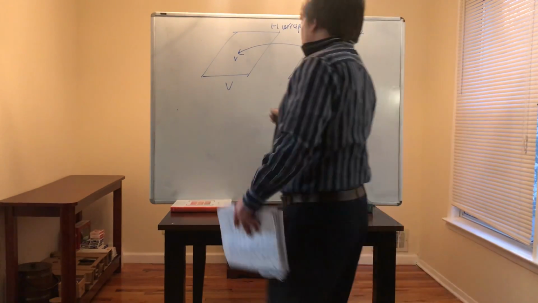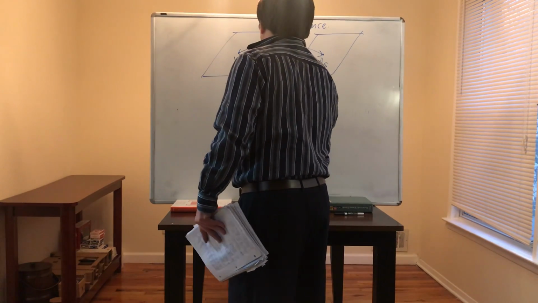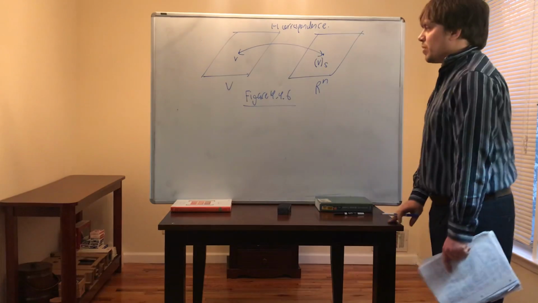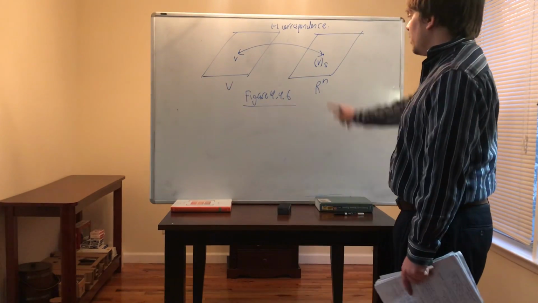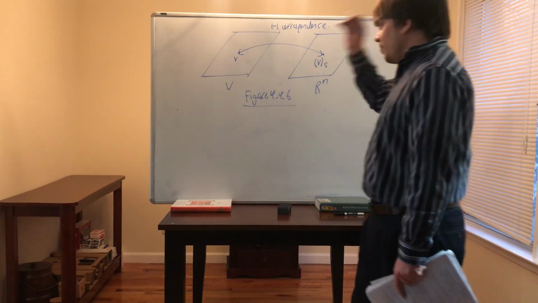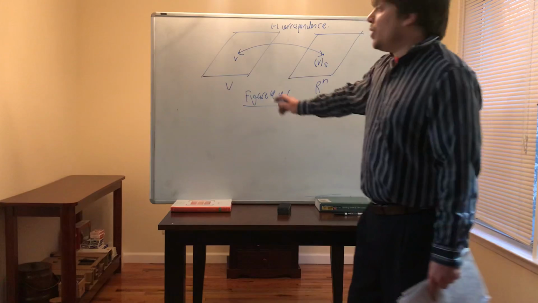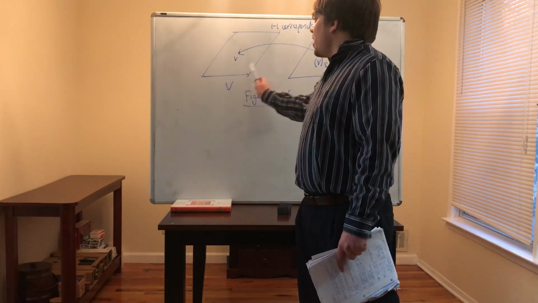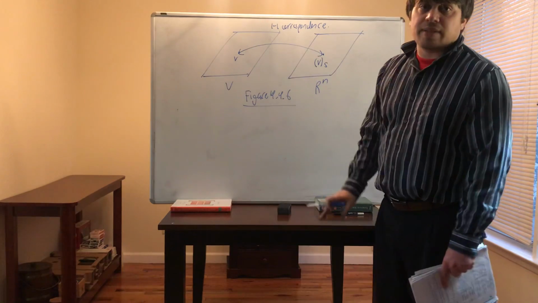And this is figure 4.4.6 in the book. Figure 4.4.6 shows how there's a one-to-one correspondence between a vector space V and R^n for some n. And what that means is that with this correspondence in mind, you can associate every vector in your vector space with exactly one n-tuple in Rn.